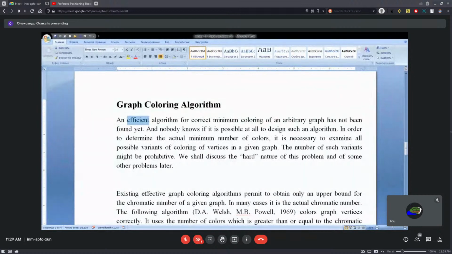Such algorithms, with such rates of growth of the number of steps and of the amount of time, because we understand that the more steps are required by the algorithm and the computer program, the more time, are called efficient.